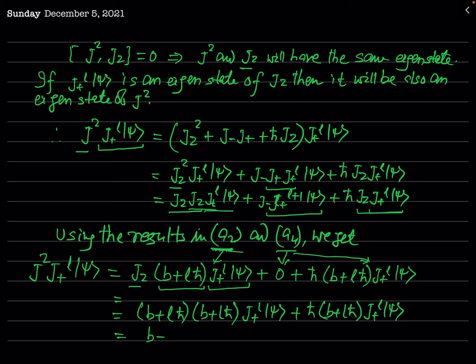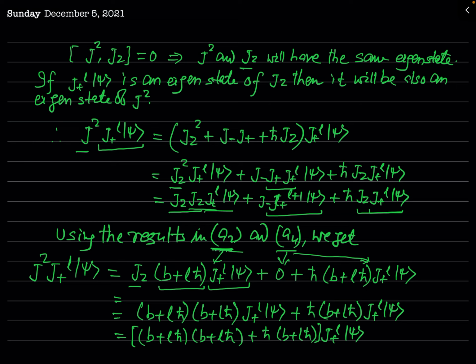This is B plus LH cross times B plus LH cross and plus H cross B plus LH cross and times J plus L ket psi.